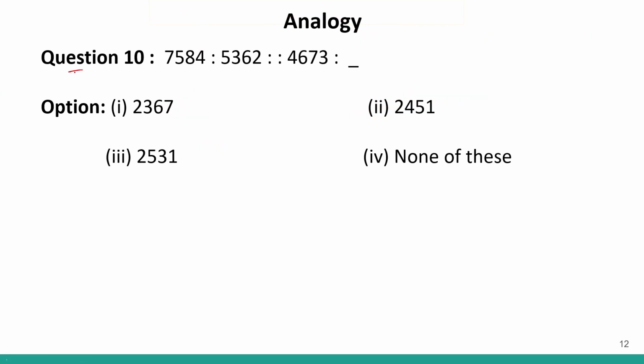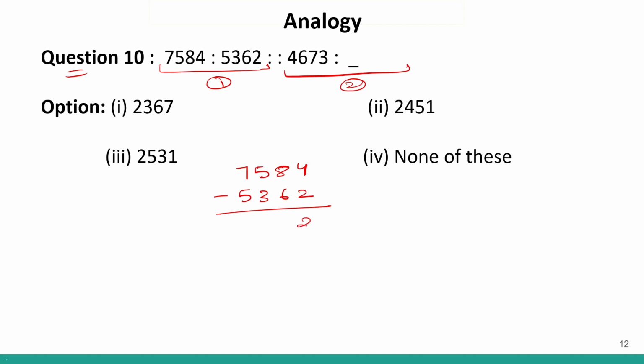Question number 10. We have bigger numbers. So whenever we deal with bigger numbers, there is either sum or difference involved, right? First, we will find the relationship between the first pair and then we will use the same logic to find the missing element in the second pair. So 7584 minus 5362, let us find out. So this is 2222. So basically we have subtracted 2222 to get the next number.